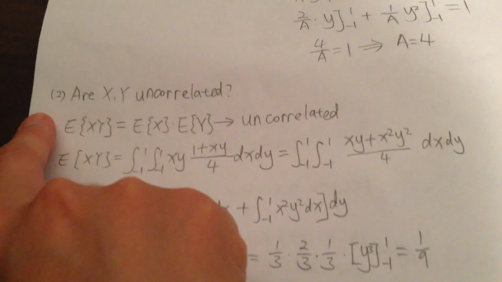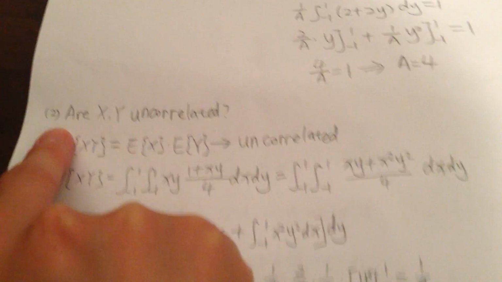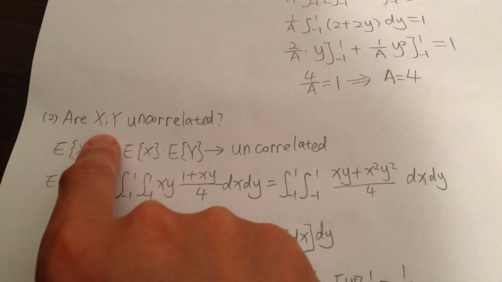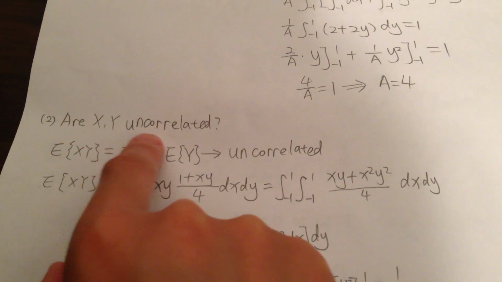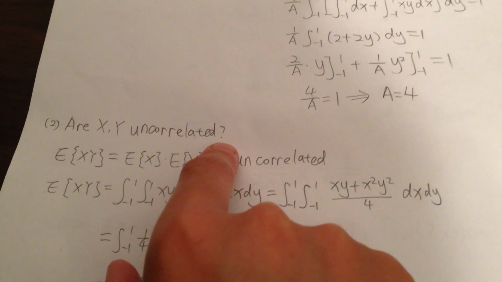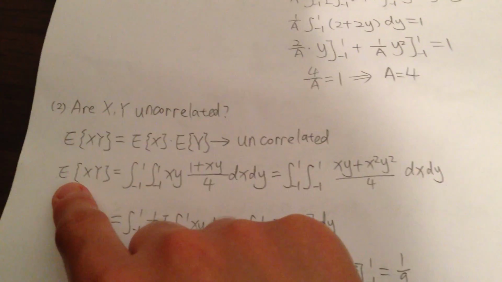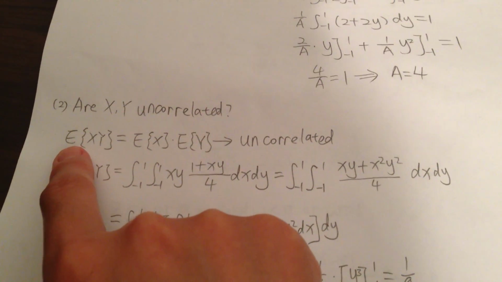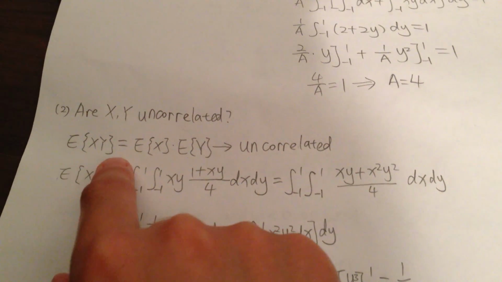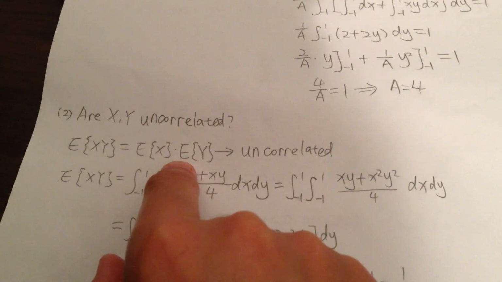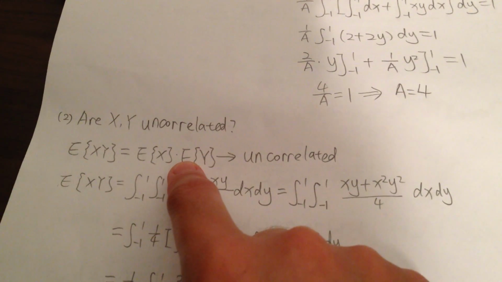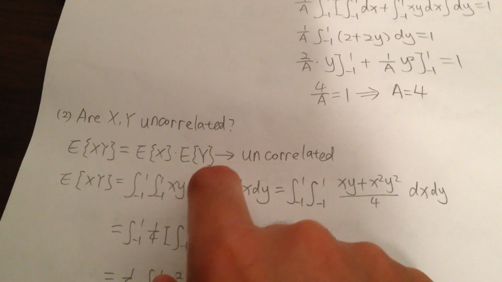Now for part 2, we need to figure out whether the random variables x and y are uncorrelated or not. According to the definition, the expectation of xy should equal the expectation of x times the expectation of y.